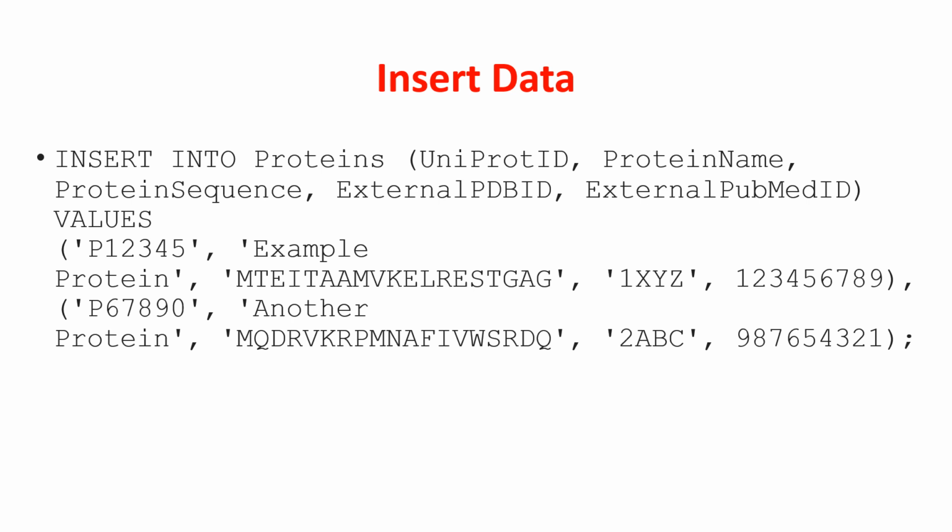For the protein sequence, we have MQDRVKRPMNAFIVWSRDQ. Then for the external PDB ID, we have 2ABC. For the external PubMed ID, we have 987654321, and eventually close the column. So that is how to insert proteins using MySQL.